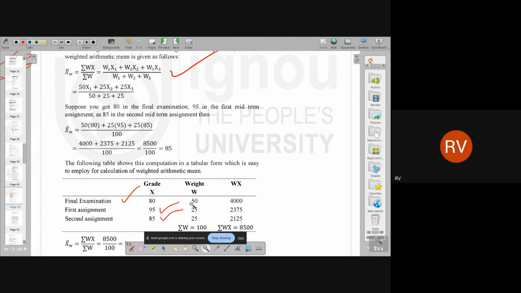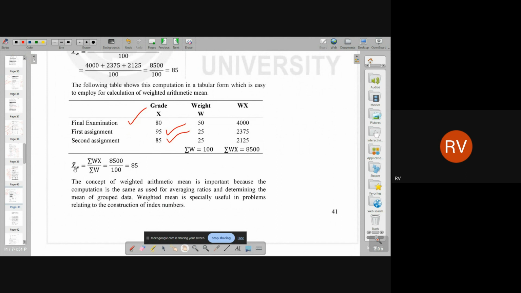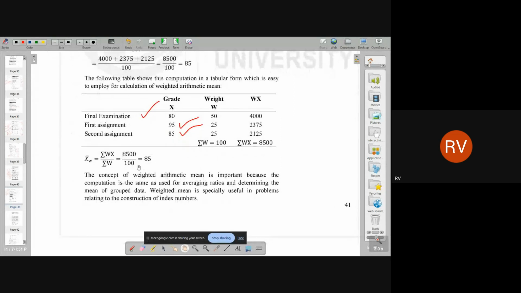Then find WX. Then X bar is equal to sigma WX by sigma W. It is similar to finding the arithmetic mean.